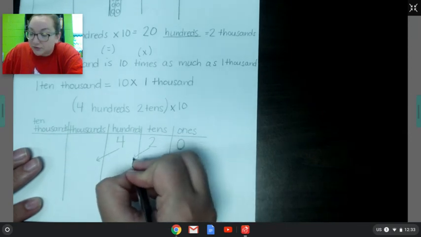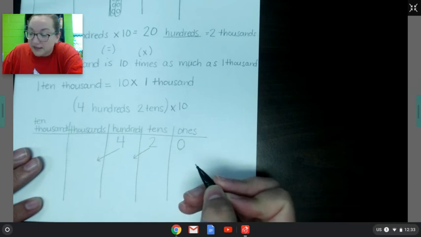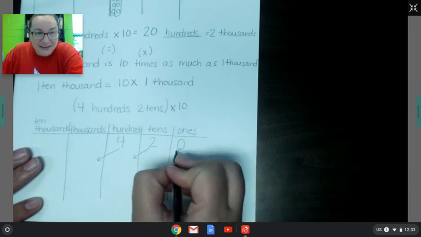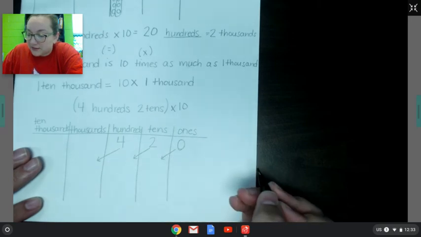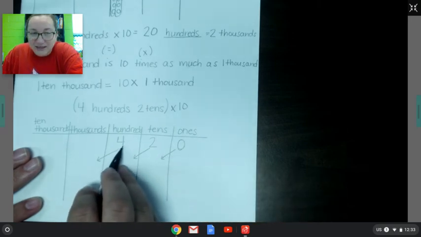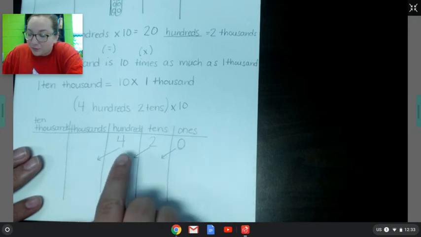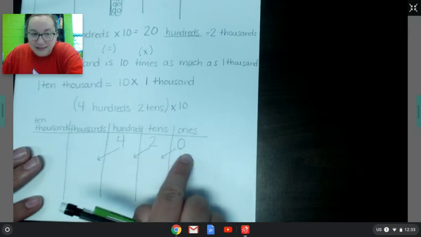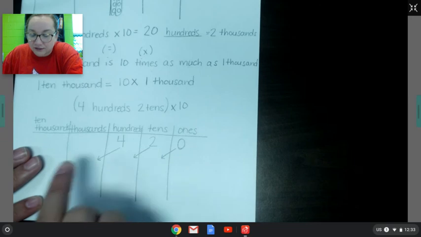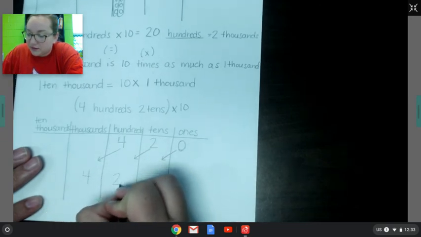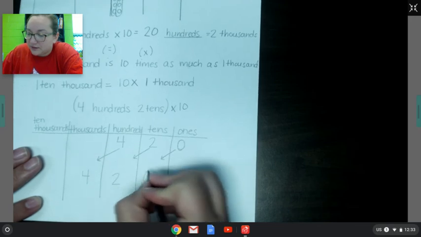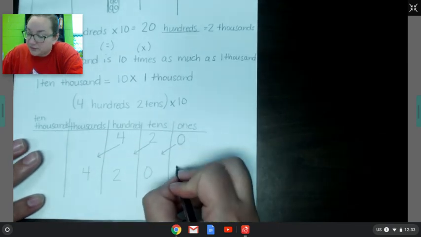It goes to the hundreds place. And the 0, same thing as the 4 and the 2, we're moving it to the tens. So now it's pretty simple, when we multiply these digits by 10, we're moving up a place value. So we're going to put a 4 here, a 2 here, a 0 here, and then there will be a 0 in the ones place.